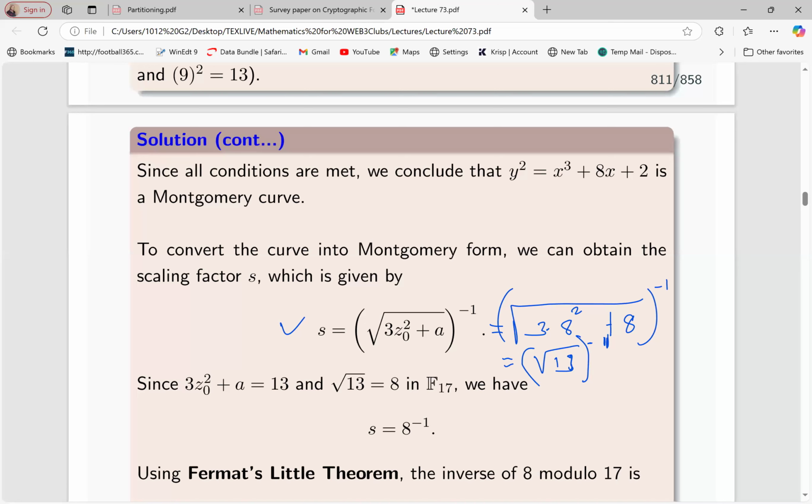The square root. Quadratic residue. Yeah, this one I've gotten it. I want the one for finding square root. I've gotten it now this time.